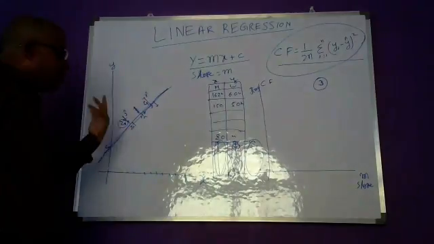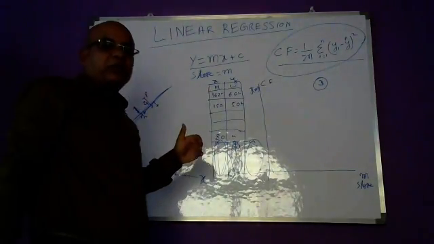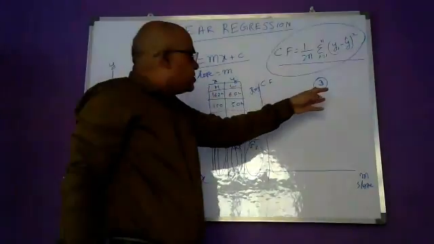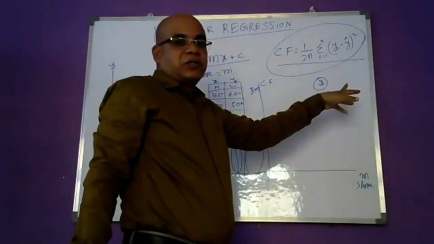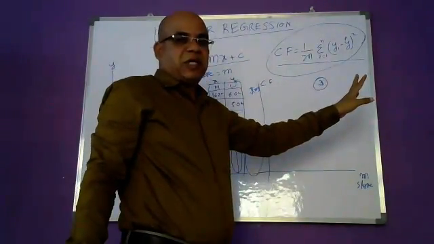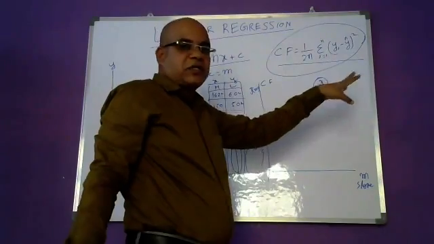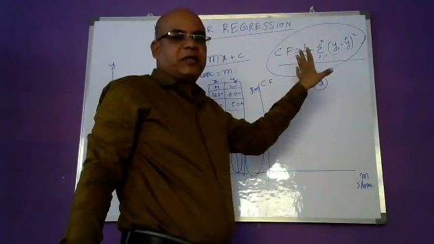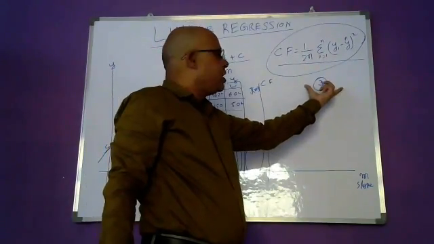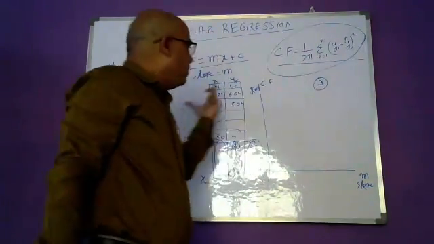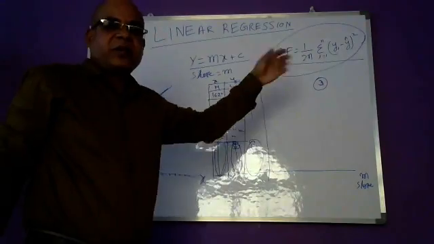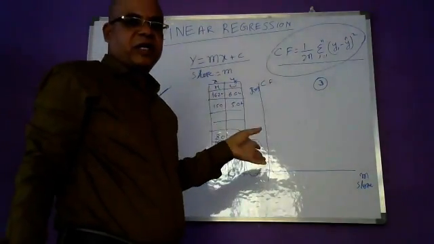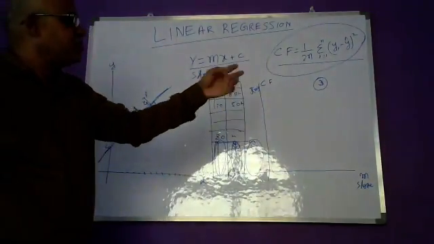But what is our parameter tuning? What do we have to do? This 3 needs to be reduced to a minimum. We cannot reduce it completely to 0; this mostly never happens. If it became 0, there would be no difference, meaning 100% accuracy for our model, and most of the time 100% accuracy won't come.